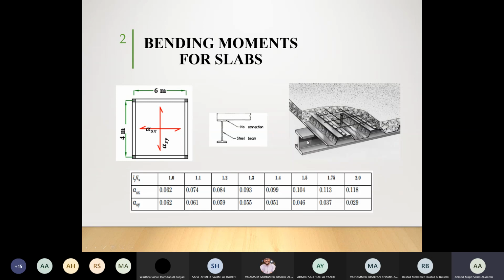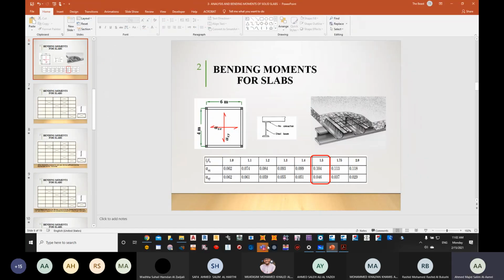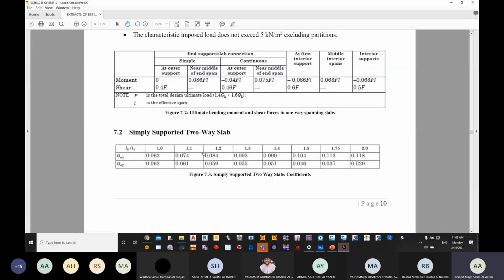Okay. Now, if we go to our BS code, we can see for simply supported, they are telling us that this is the table you need to use. And here we have alpha span for X, and then we have alpha span for Y. Okay.